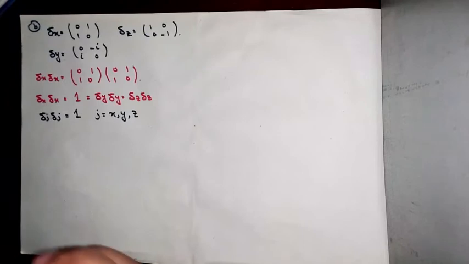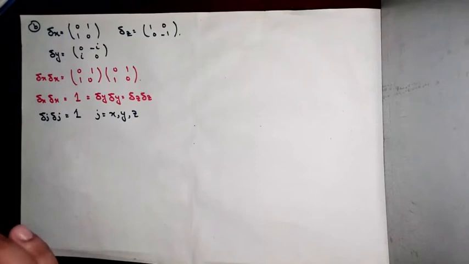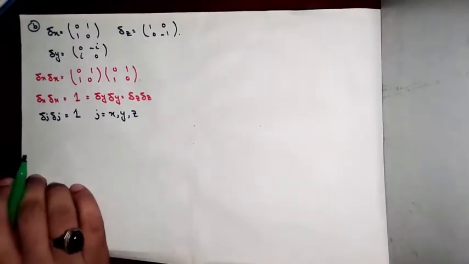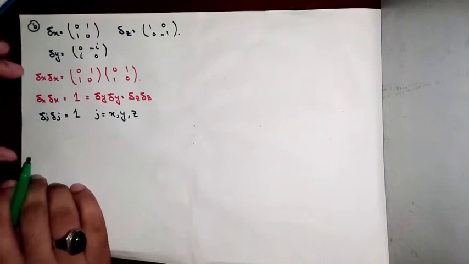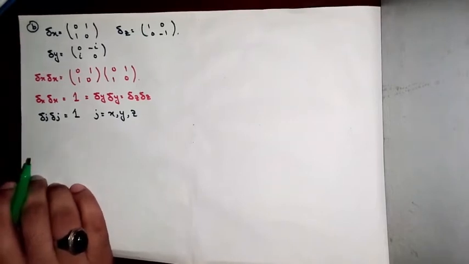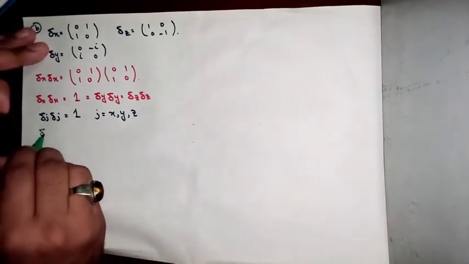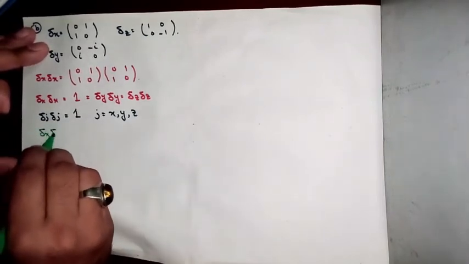Now I have to multiply sigma x with sigma y, and similarly sigma y with sigma z, and sigma z with sigma x. So here is the multiplication: first I multiply sigma x with sigma y.